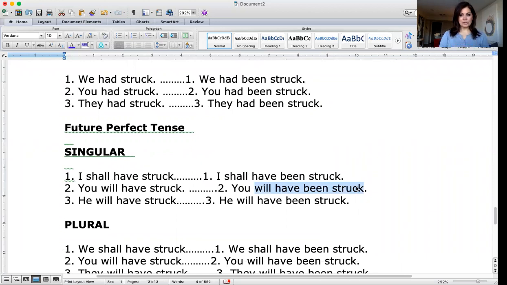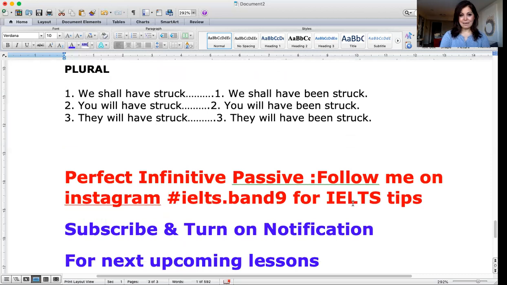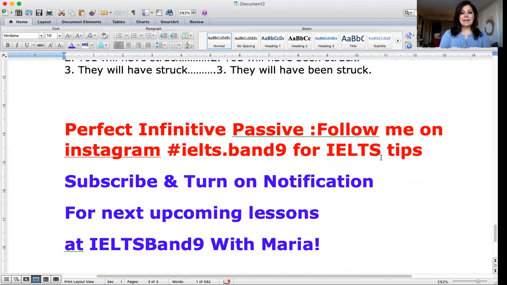So for any changes that you need to make for the passive voice, you need to be careful about the verb be, if it is present, past, or future, but definitely the past participle of your verb. If you pay attention, strike in passive is always struck. The plural forms are almost the same. For example, you will have been struck. The next lesson that I'm going to continue with you, in my next video, is perfect infinitive passive voices.